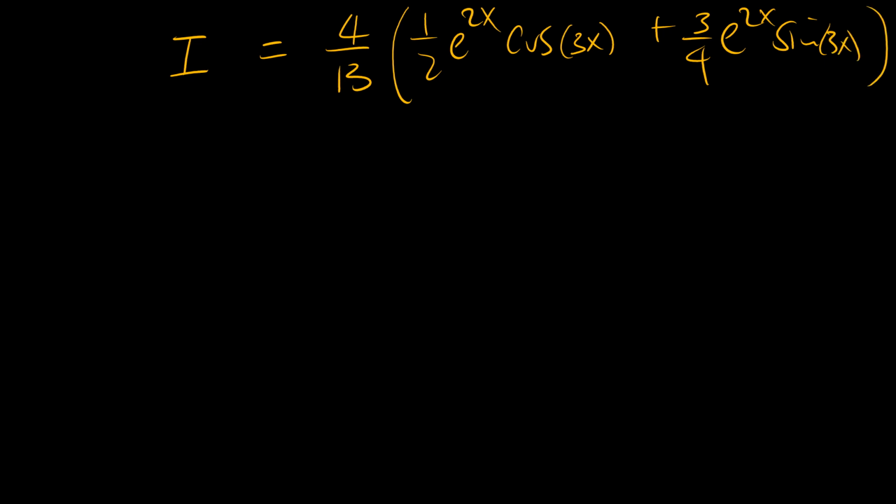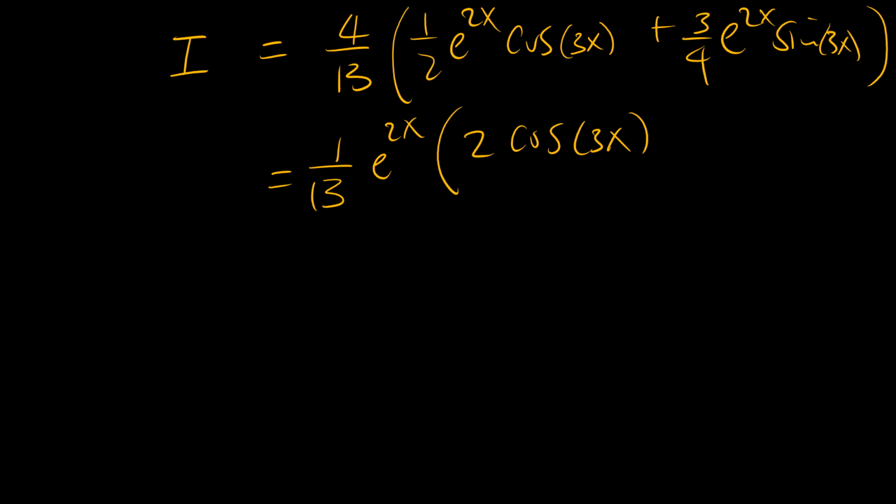We can pull the common values out, and so we can have 1 over 13 e to the 2x, and 4 times a half becomes 2 cosine 3x, and then 4 times 3/4 becomes 3 sine 3x.